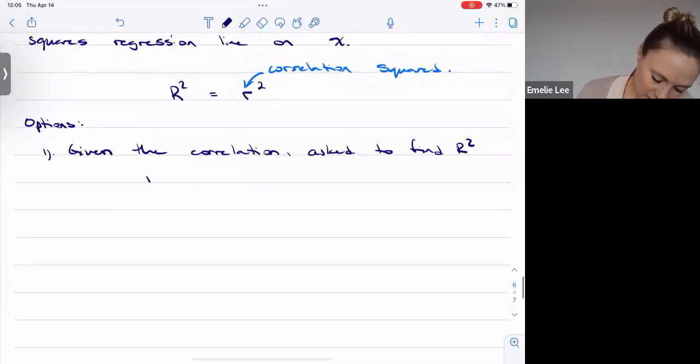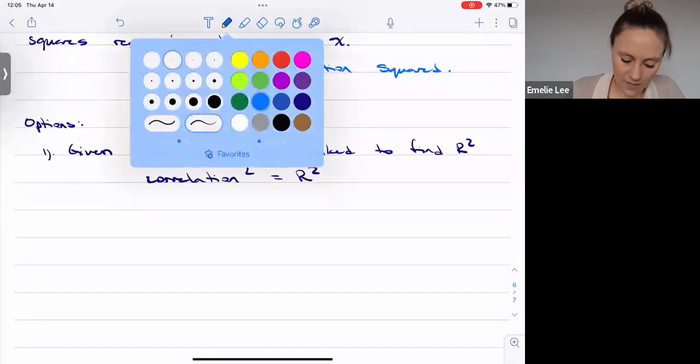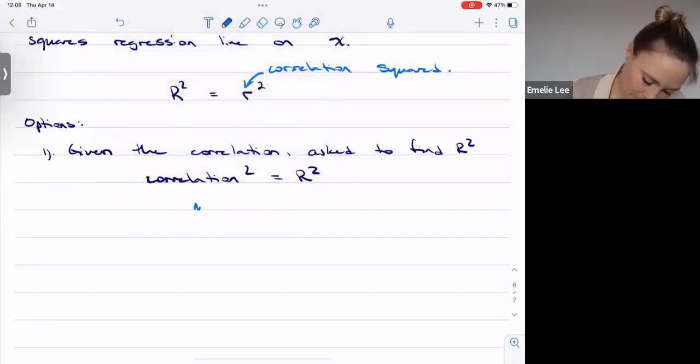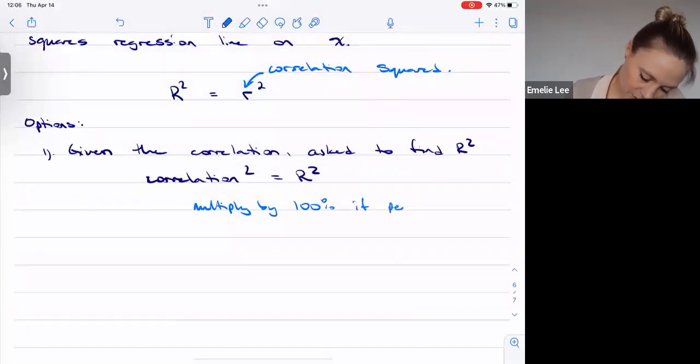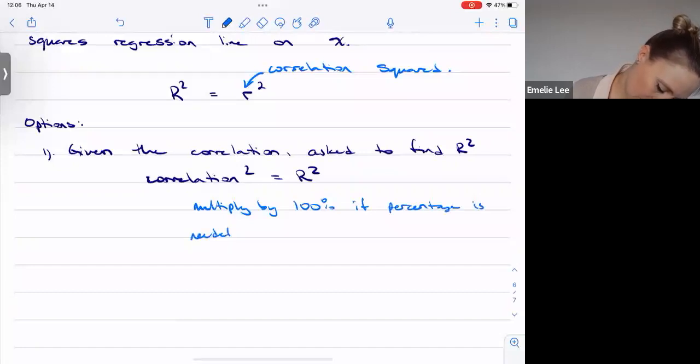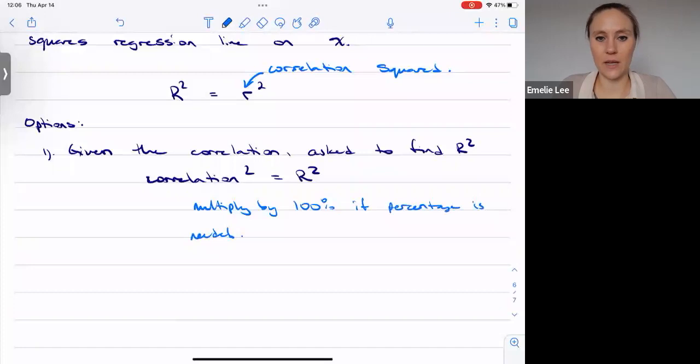Then you just take your correlation squared, and then multiply by 100% if a percentage is needed. Otherwise that'll be a proportion and that's totally fine.